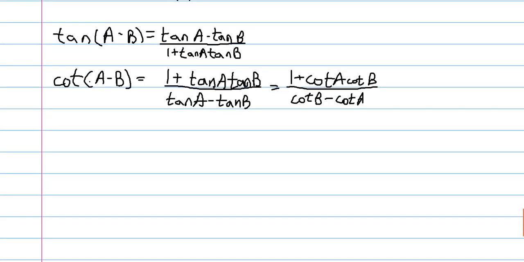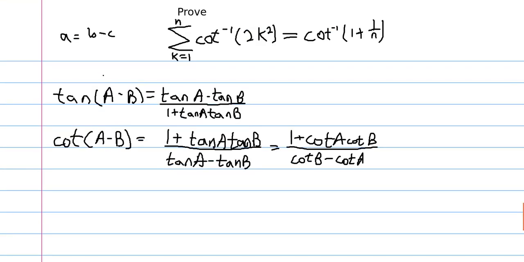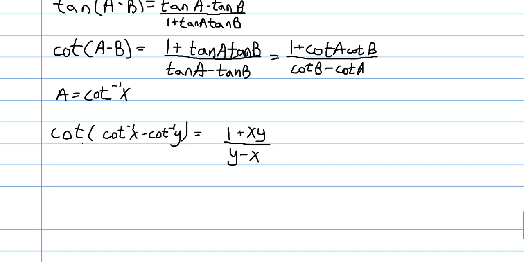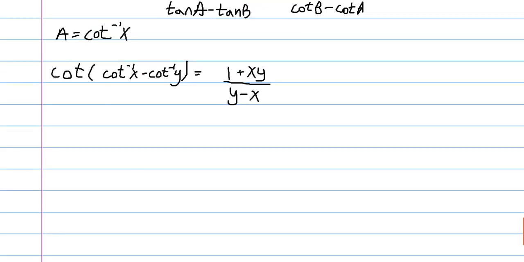Right, well now, suppose we replace A and B with inverse cotangents, so basically we're saying that A is equal to cotangent inverse x, and B is inverse cotangent y, then we get this equation, and we see that on the right hand side, there's no cotangents or cotangent inverses.